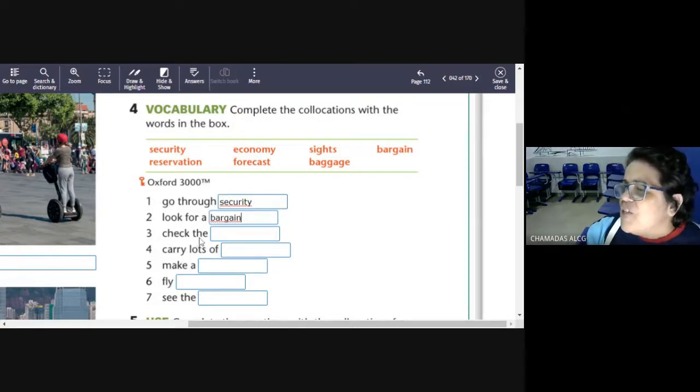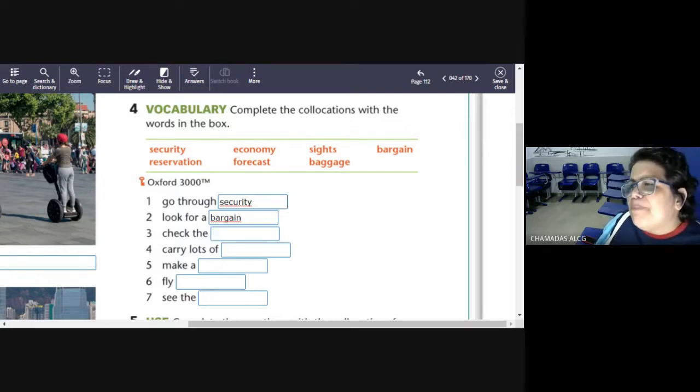Number 3, check the, what can you check? There are so many things you can check.